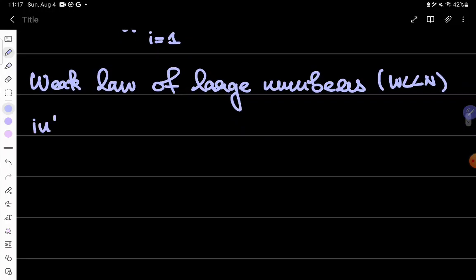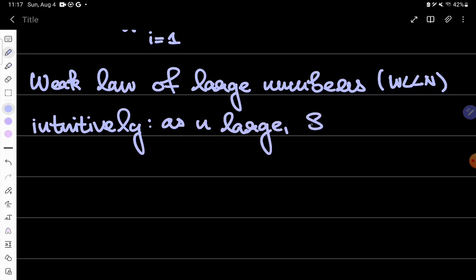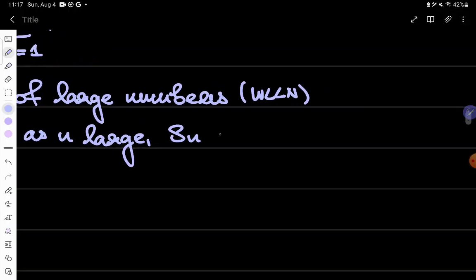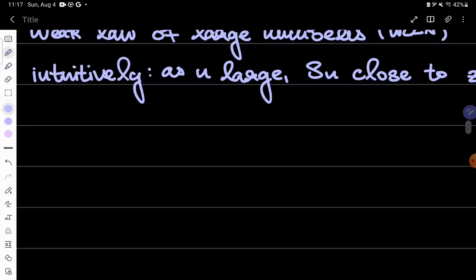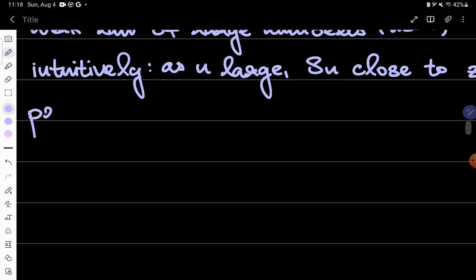So intuitively, as n grows large, Sn will be close to 0. That is, half the digits of x are going to be 1s and the other half are 0s if they are randomly chosen. And more precisely, this is where convergence in measure comes in.